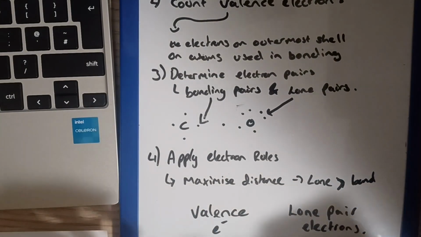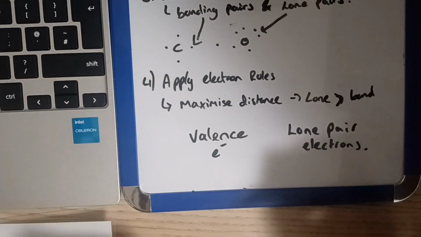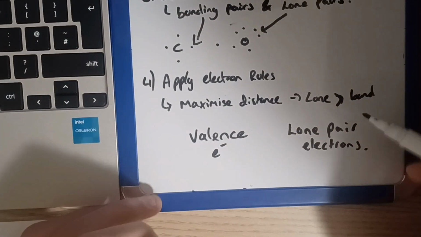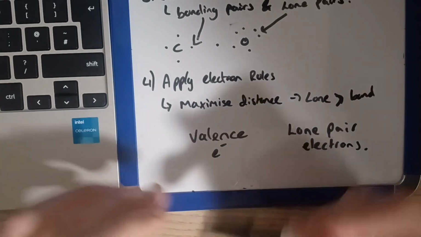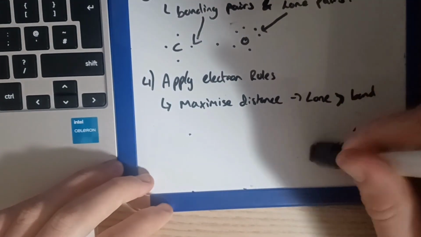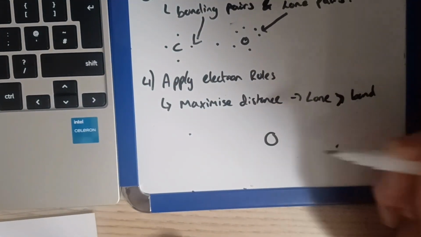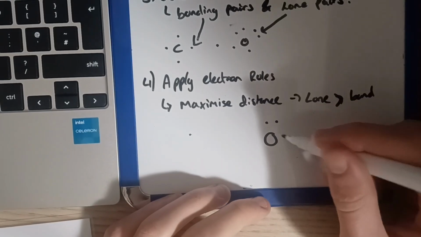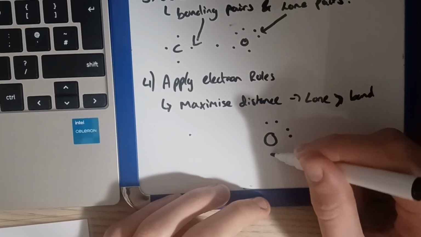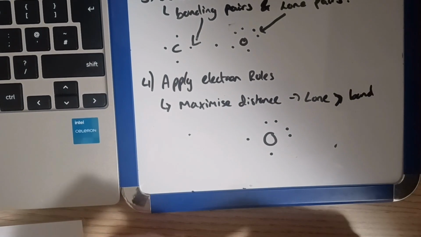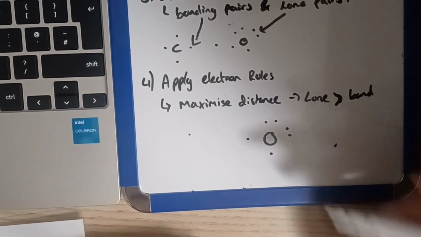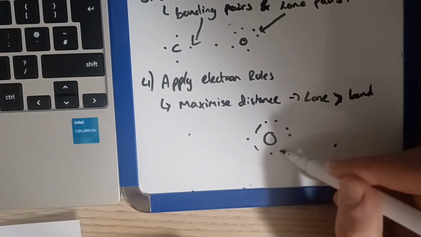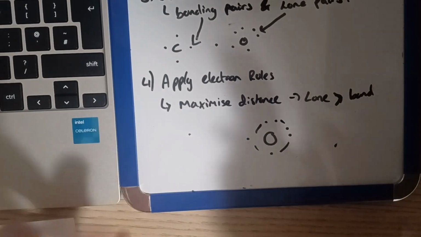These electrons can be used in bonding, but they can also be used in lone pairs. So if we take a look at oxygen here, oxygen has a lone pair, another lone pair, and 2 single electrons. These are all valence electrons as they are on oxygen's outer shell.